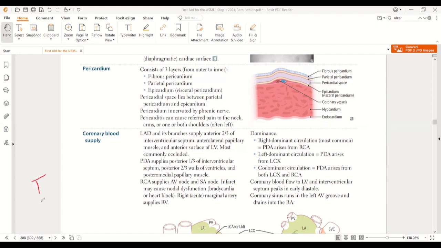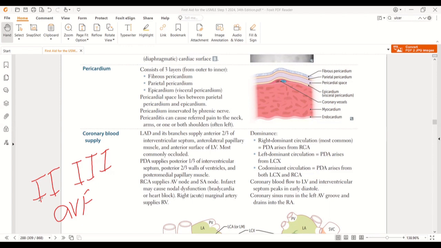Leads II, III, aVF are the inferior leads. So the leads are basically pictures of the heart. Leads II, III, aVF magnify the inferior picture of the heart, right?